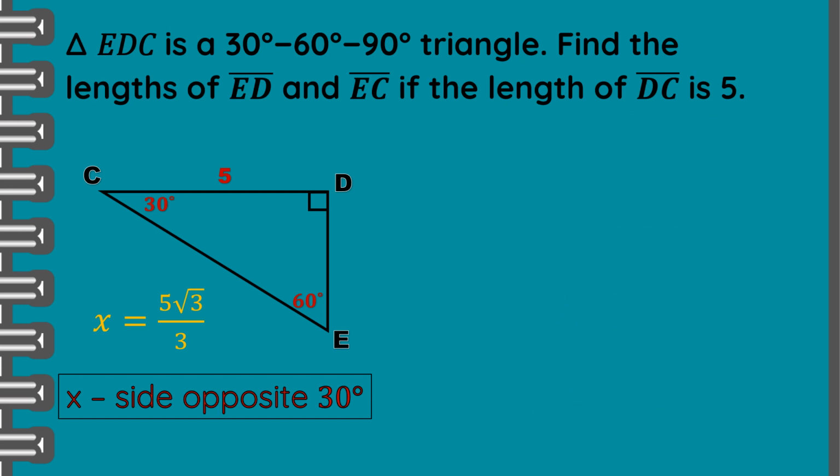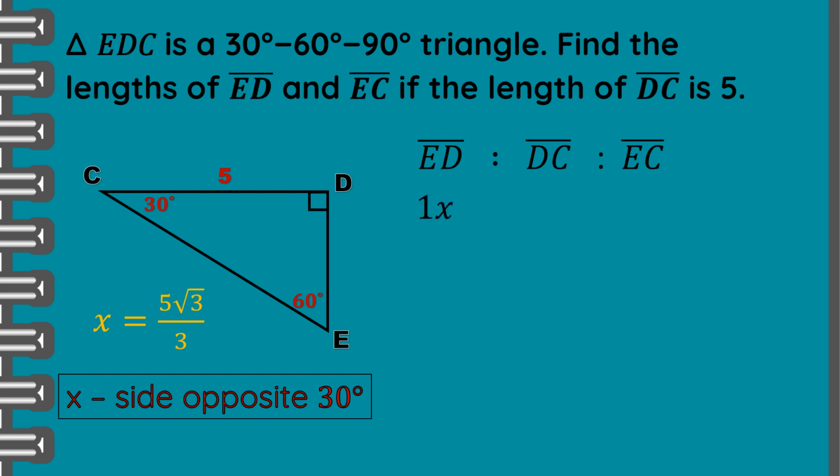We are now ready to solve for the lengths of segment ED and segment EC since the value of x is already solved, which is 5 square root of 3 all over 3. We can solve this by using the 30, 60, 90 triangle ratio, which is shorter leg is to longer leg is to hypotenuse. Segment ED, based on the given, is the shorter leg, segment DC is the longer leg, and segment EC is the hypotenuse.